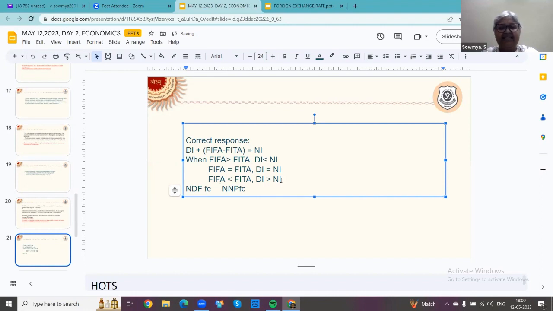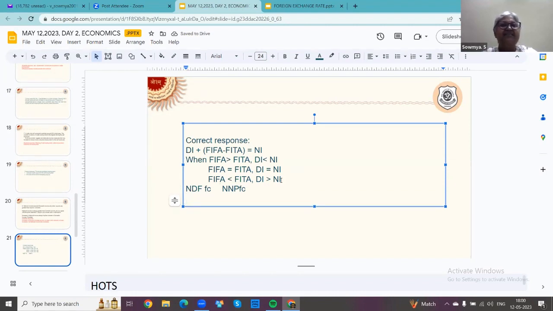Then they will have to bring out the components under NDPFC and NNPFC. What is the difference between these two? This is exactly what they need to talk about.